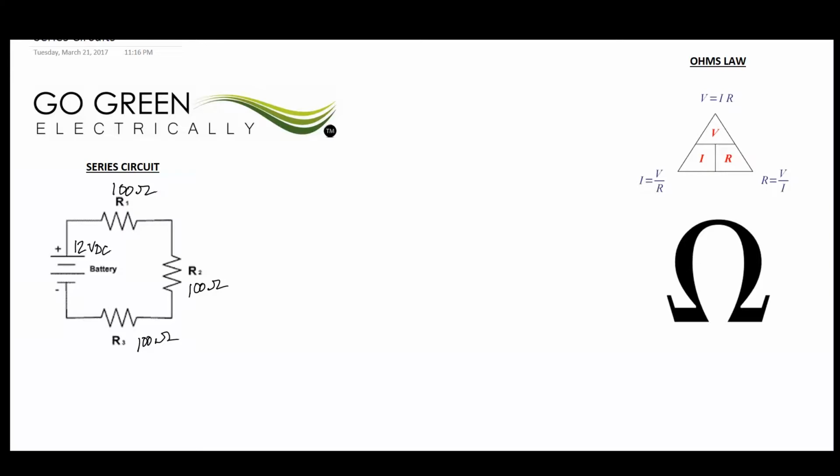So now we're going to apply Ohm's law and solve this series circuit. There are a few laws that you need to know about a series circuit in electricity when it comes to DC electricity.